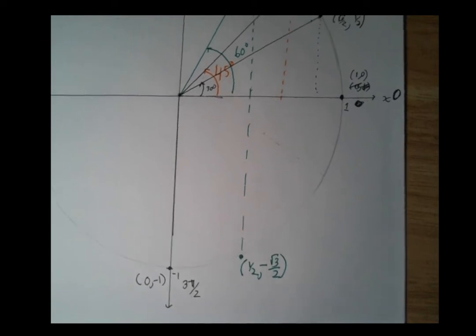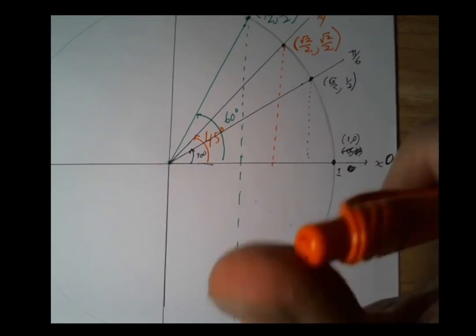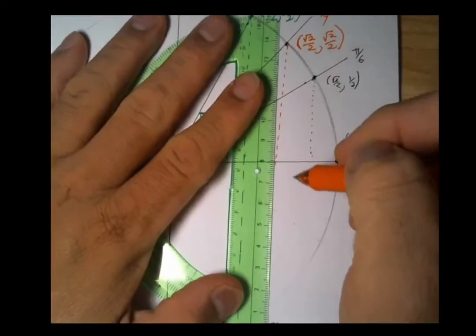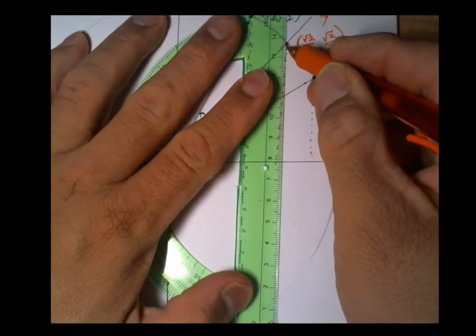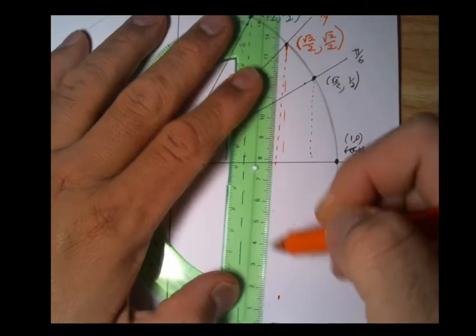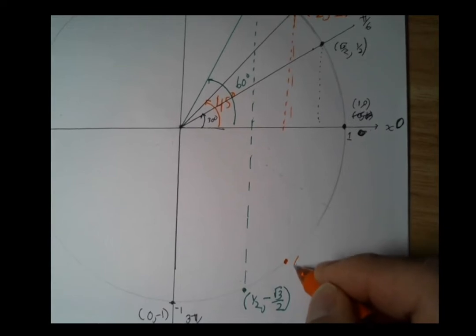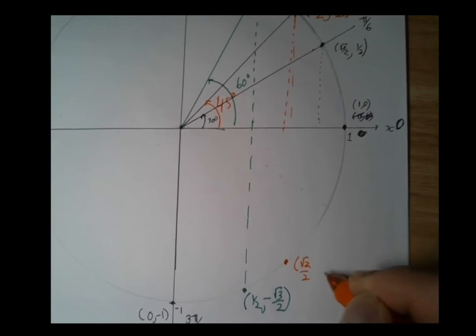In the same manner, how about this pi over 4 point, root 2 over 2? If I continue this down here, the x-coordinate is still positive.